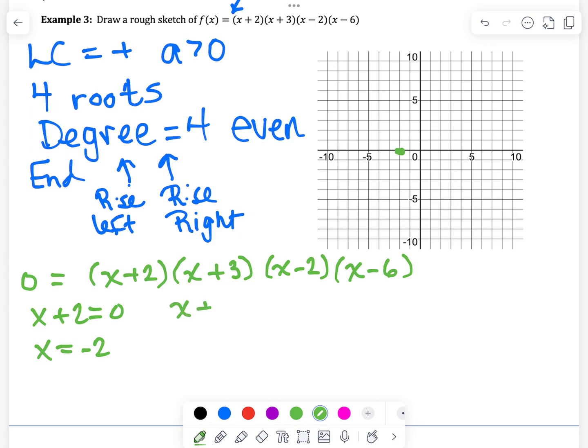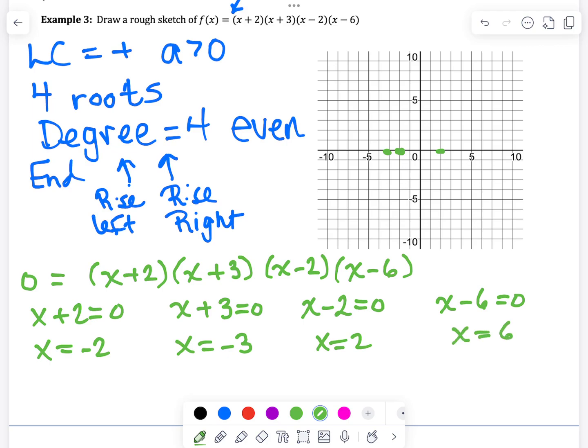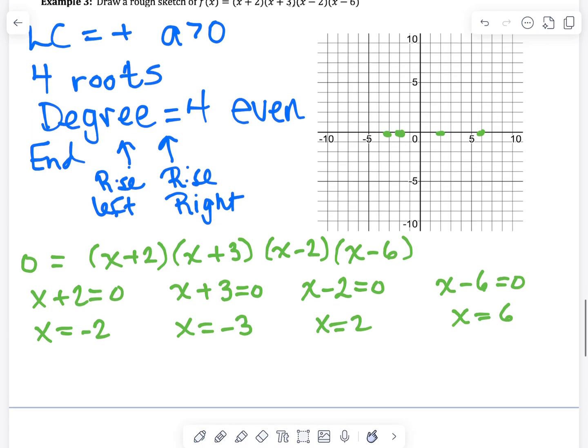Then x plus 3 equals 0. Solve it, and we get -3. X minus 2 equals 0, so x equals 2. X minus 6 equals 0, so x equals 6. So what those do is they produce our 4 x-intercepts.